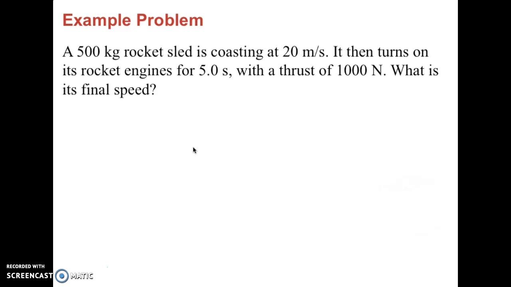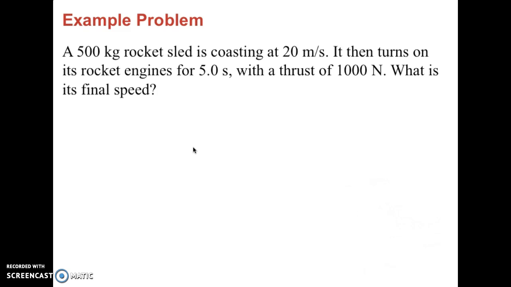I know that my mass is 500 kilograms. Thrust is an example of force, so my force in this case is 1,000 newtons. The time period over which the force was applied was 5 seconds. And I also know that my initial velocity was 20 meters per second. So I want to know what is the velocity after this thrust has been applied.